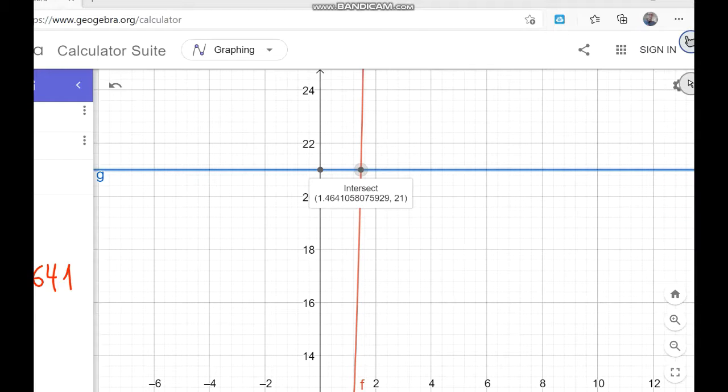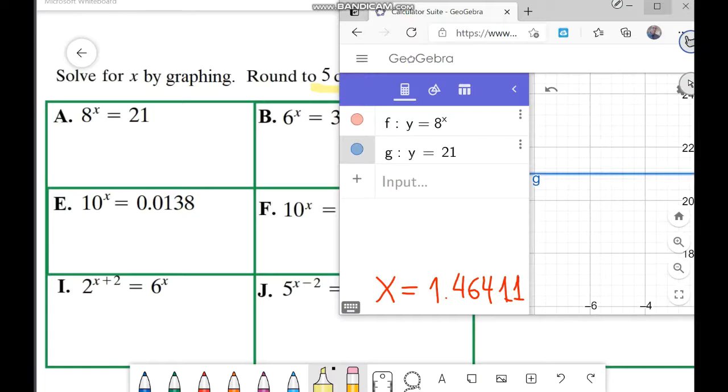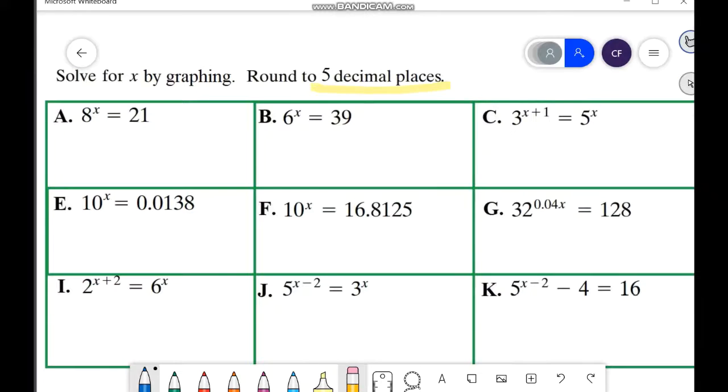If the next digit is a 5, we have to round up, so the right answer is x equals 1.46411.